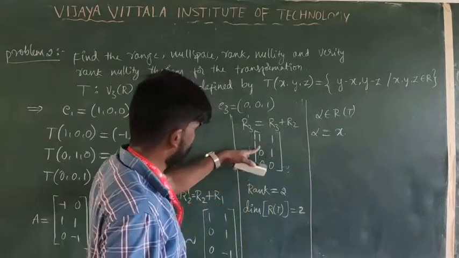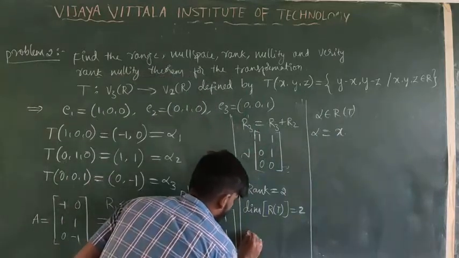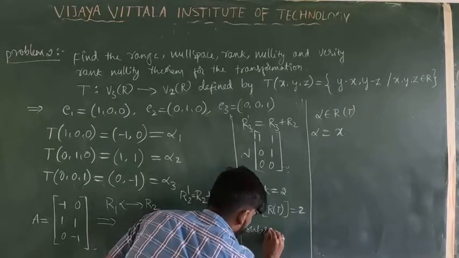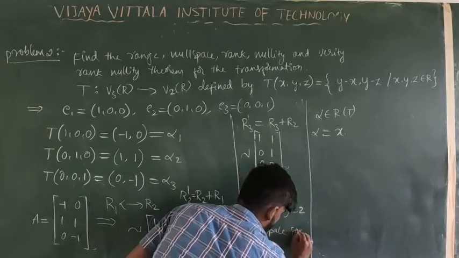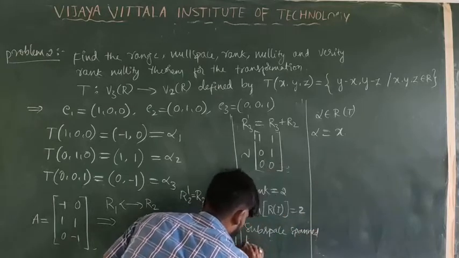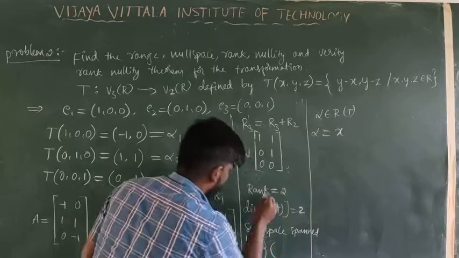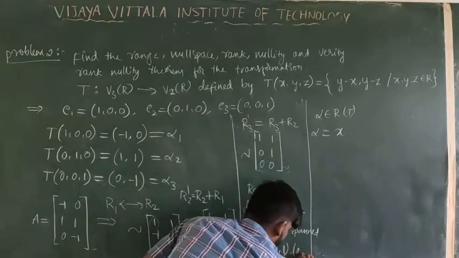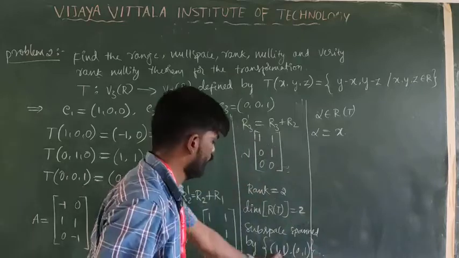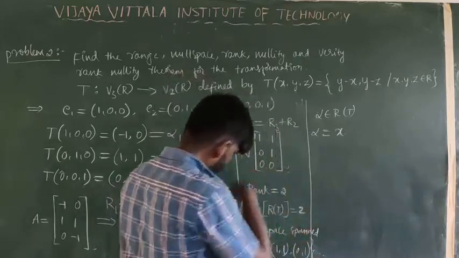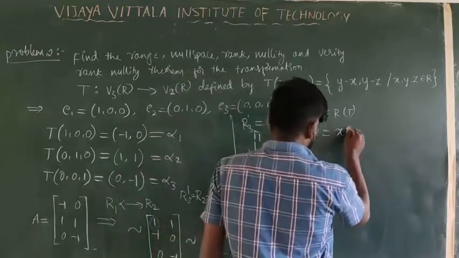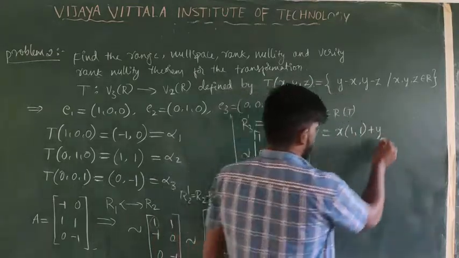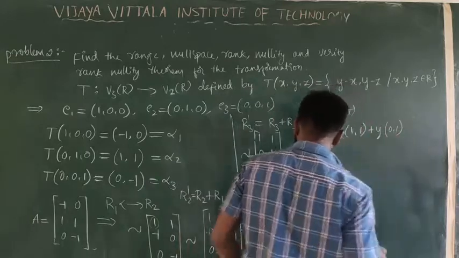Here these two form a basis. The subspace is spanned by the vectors 1 comma 1 and 0 comma 1. These two form a basis. Therefore, by using this, x into 1 comma 1 plus y into 0 comma 1.